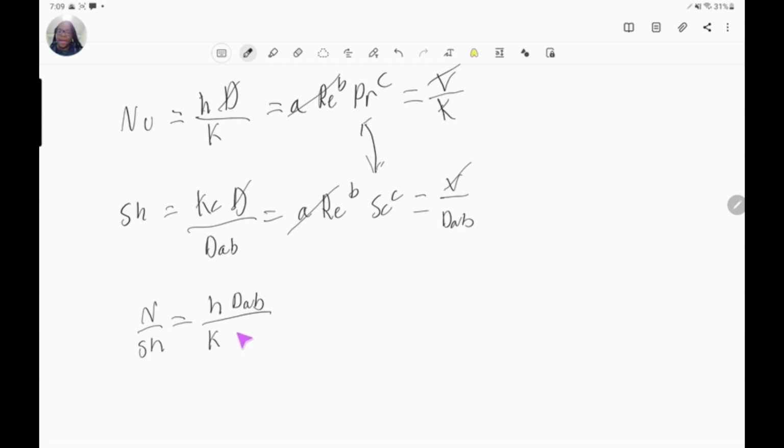And our mass transfer coefficient. Then we'll find that they're also equal to our Prandtl number to the C power over our Schmidt number to the C power, and our DAB, our mass diffusivity coefficient, over our thermal diffusivity. I'm going to set it as thermal diffusivity; that's what we'll stick to.